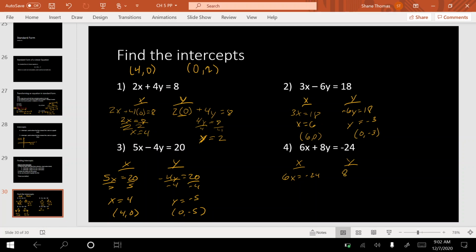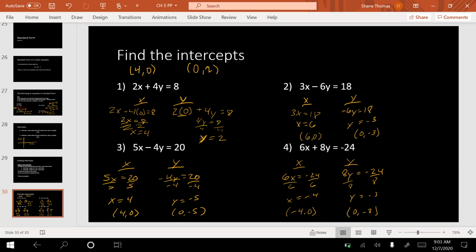Y is going to be 8y equals negative 24. So this one here, we divide both sides by 6. X is going to be negative 4. So my point is (negative 4, 0). Over here, divide both sides by 8. Y is going to be negative 3. So I'd have (0, negative 3).